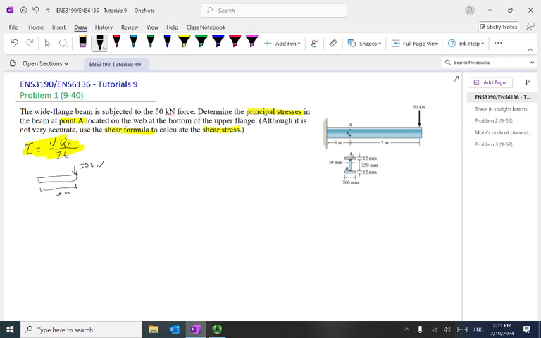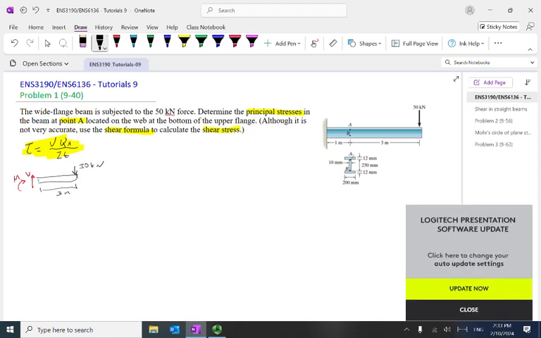We cut from the left-hand side. Then the V upwards is a positive value, and the moment is a positive value. We did this in lecture 2, and also in the tutorial, and also in the mid-sem exam. In the final exam, definitely this question will show up again, but as a different question. So basically, of course, we can work out this method of section.